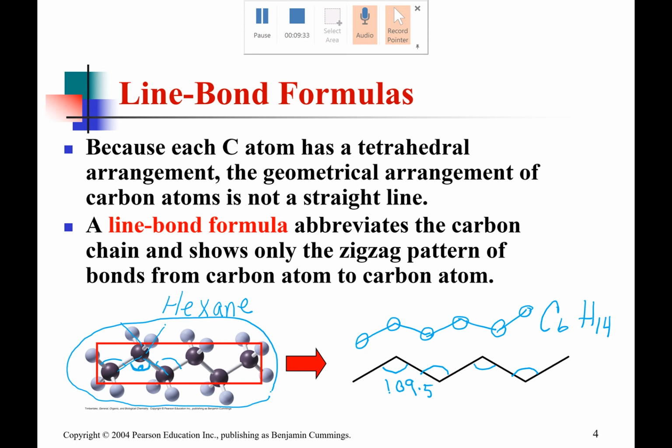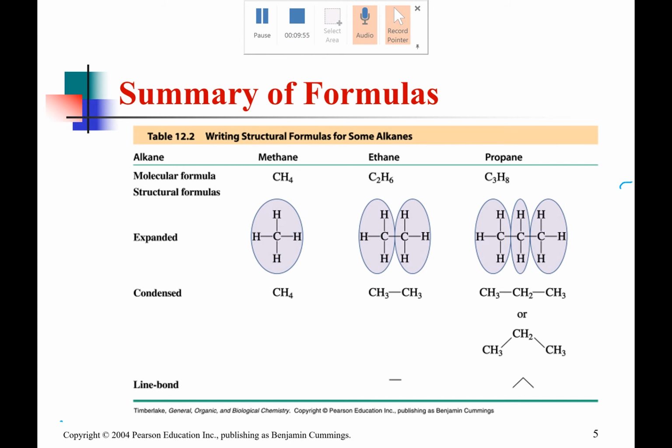So if we show line bond formula, you can show every atom of carbon as a point. Connect these points with 109.5 angle, then you get line bond structure of the alkanes. So let's look at the summary of the formulas that we can use to show alkane.